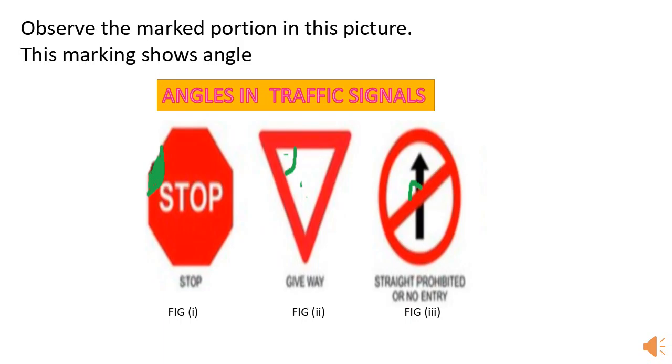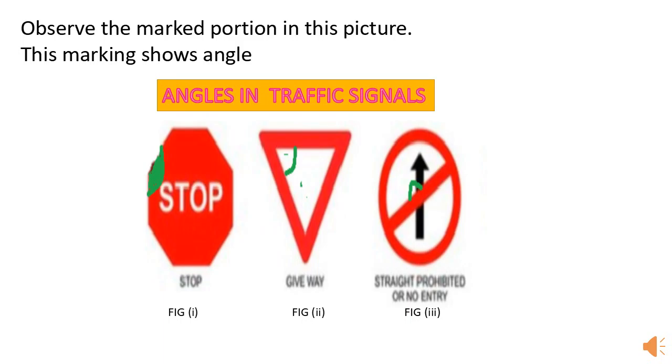The angle marked in green is an obtuse angle, right? Now see the second symbol, what it stands for? It's for give way. Here the angle marked in green is an acute angle.